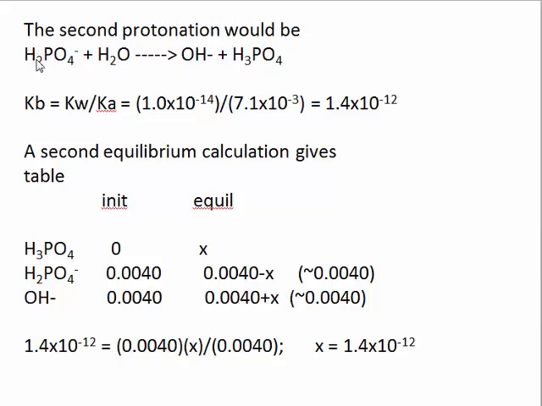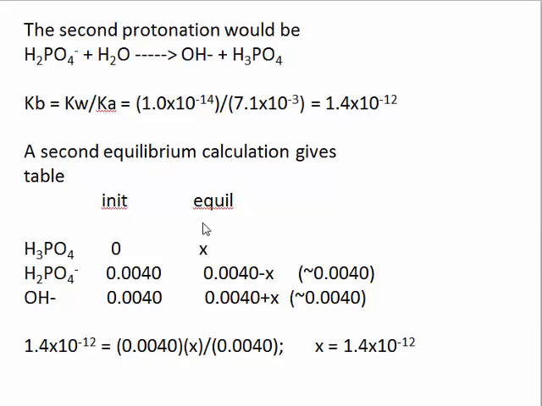The second protonation we will look at, although it may be negligible, would form phosphoric acid from the dihydrogen phosphate. Kb for that is Kw over Ka for phosphoric acid, 1.4 times 10 to the negative 12, a very small Kb.